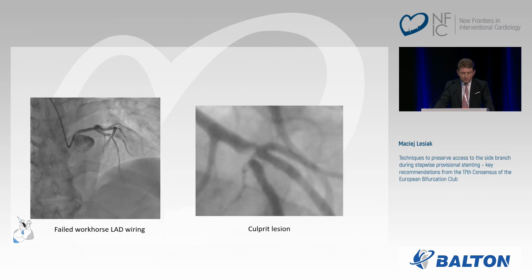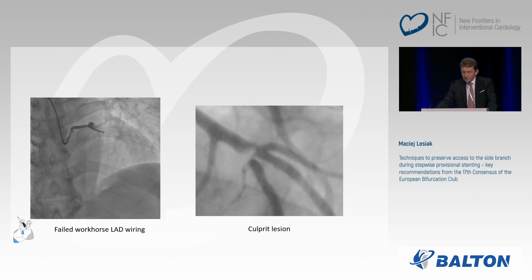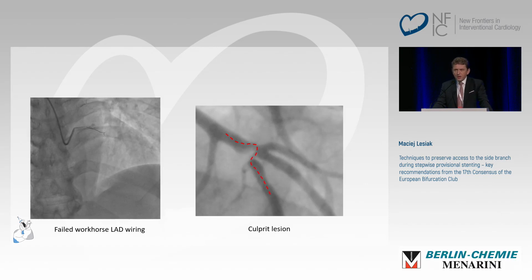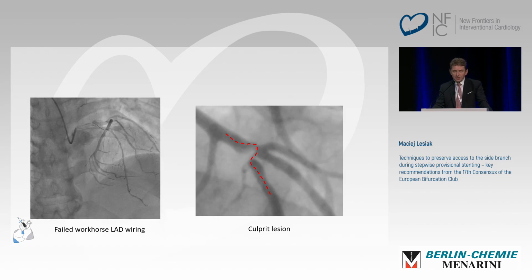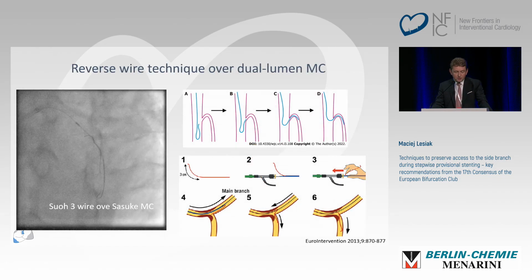This is another example, a very complex lesion of the LAD diagonal bifurcation. Actually, the problem here was to access the LAD, because look how the wire would need to be pre-shaped to get the access. In this situation, because wiring the diagonal was easy, I used the reverse wire technique.